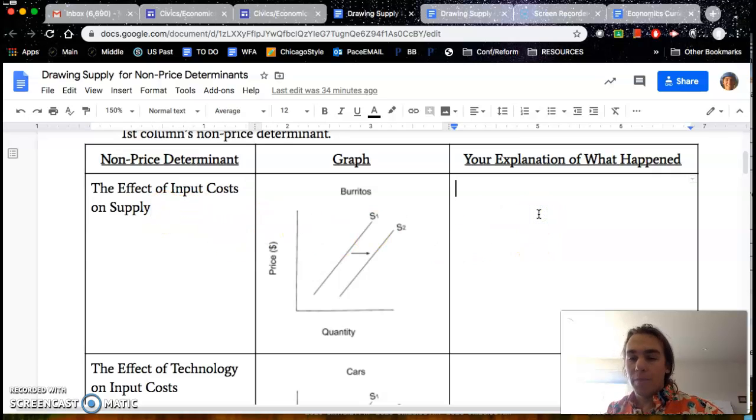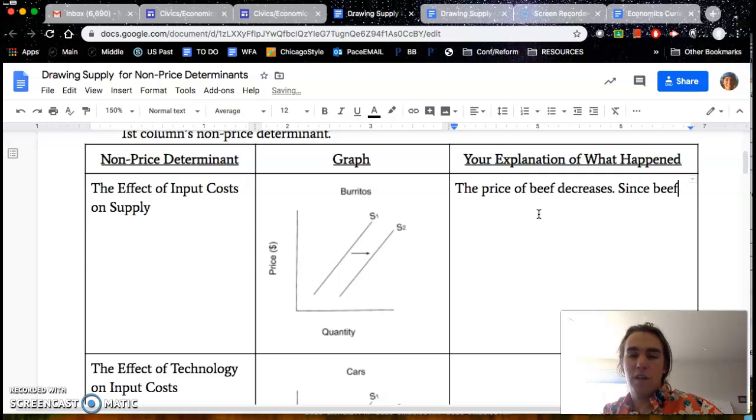So I need to explain why the burrito supply might increase based off of the effect of input costs. Well, we know that suppliers will create or supply more when they can make more money. So if the price of the input costs decreases, then the supply of the burritos will increase. And here's my example. The price of beef decreases.